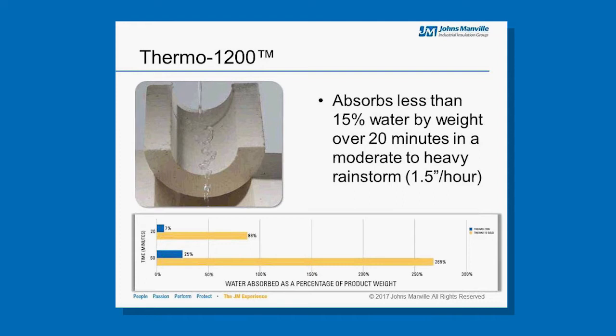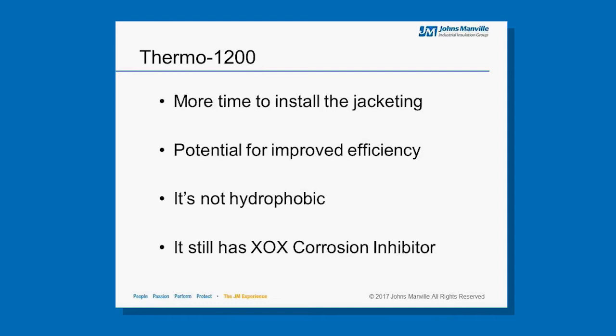ASTM C533 requires that the material be stripped off if there's more than 20% weight gain after the rainstorm. As you can see, based on the test data that we have, we perform better than that. This product enables contractors to install the material easier, faster, and not necessarily have to cover the material quickly if there's a pop-up rainstorm. So as I mentioned, it gives more time for a contractor to install the jacketing.